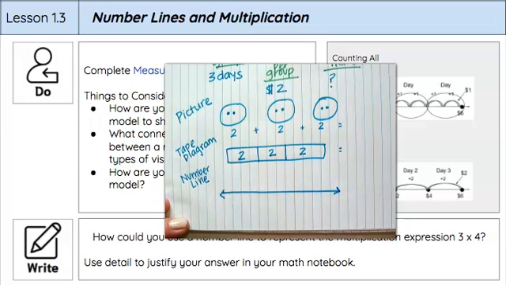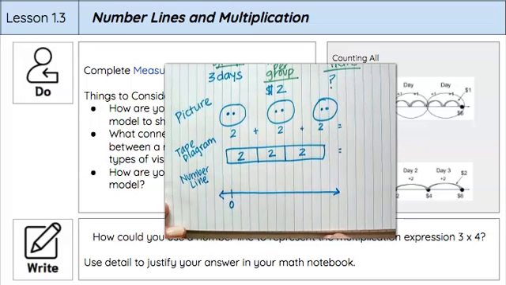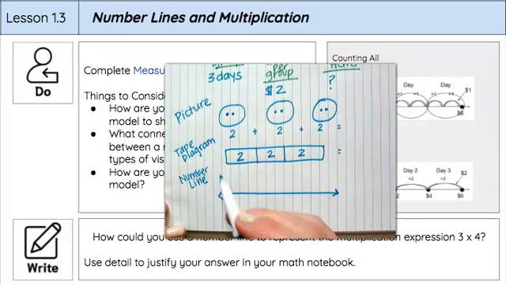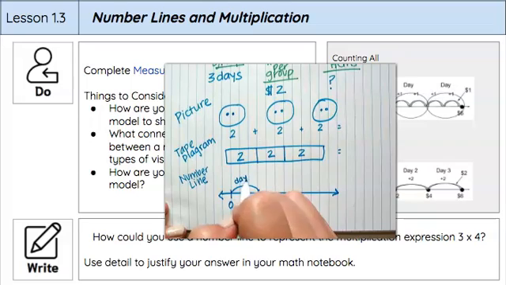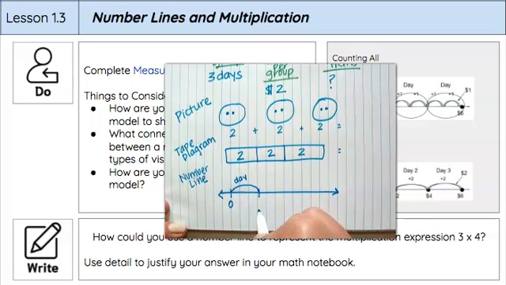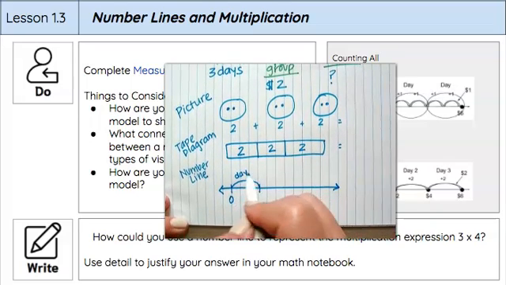So I draw my number line, and I'm going to start at 0, since I don't have anything yet. I'm going to jump 1 day. And so this jump here represents a day. How much money do I make in a day? After 1 day, I would have $2.